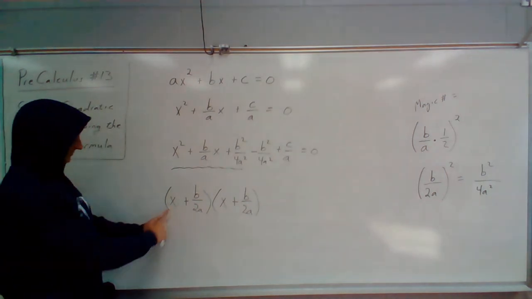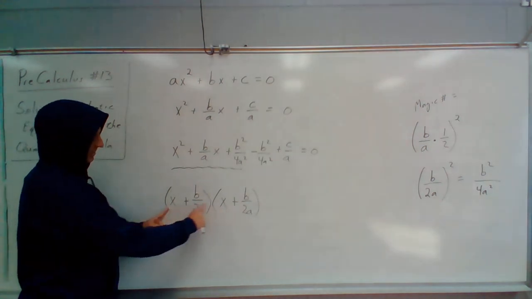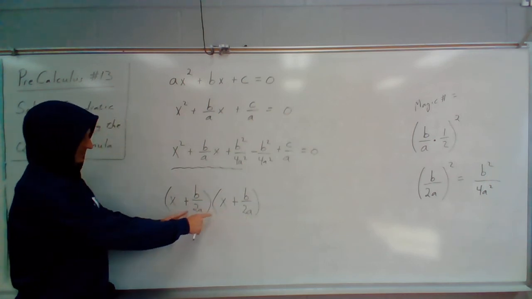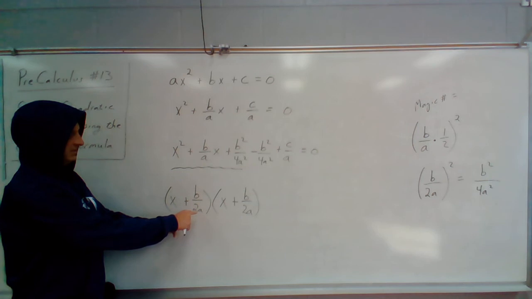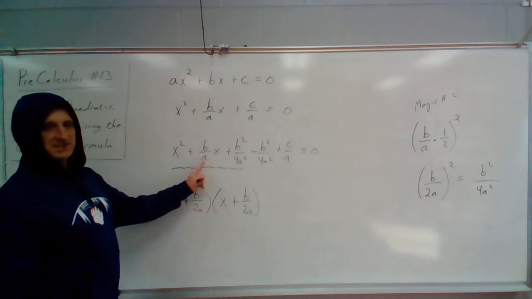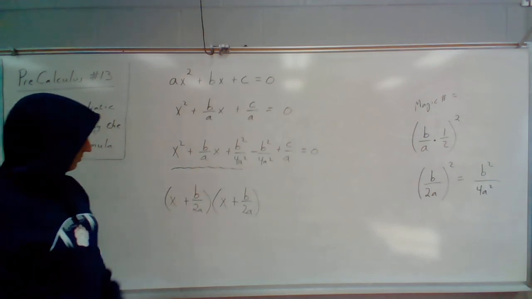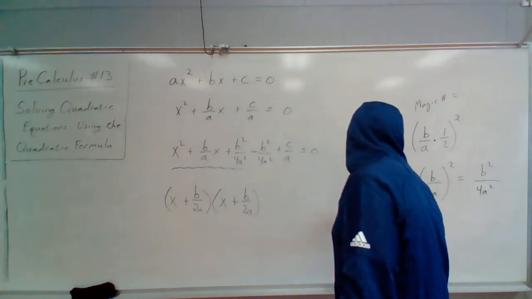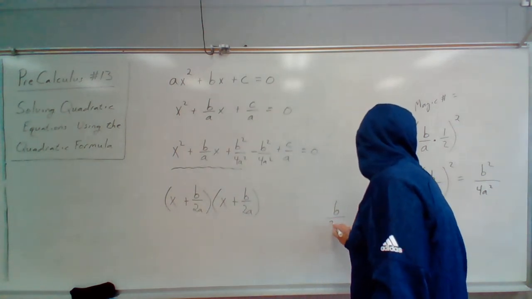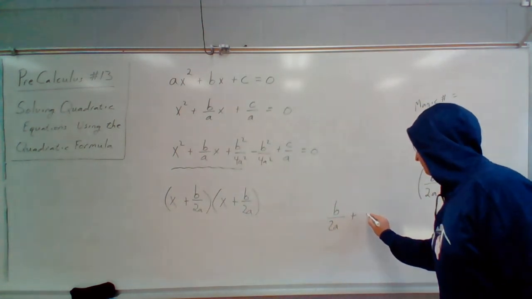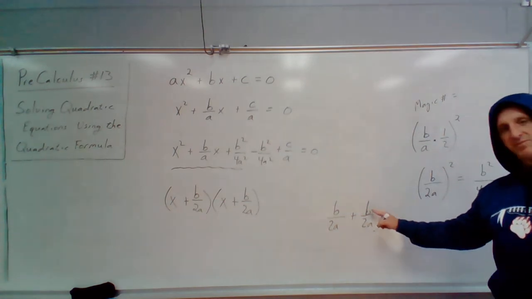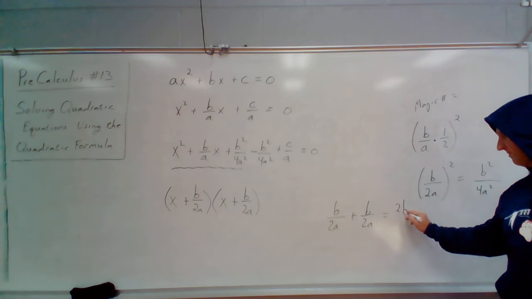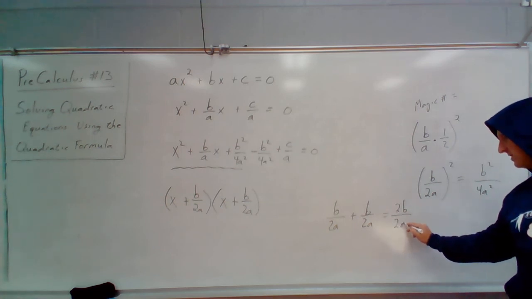Let's double check that. So I get x squared, b over 2a x, plus another b over 2a x. Let's see if that really adds up to be this. So if I have b over 2a plus b over 2a, that's going to be 2b over 2a.